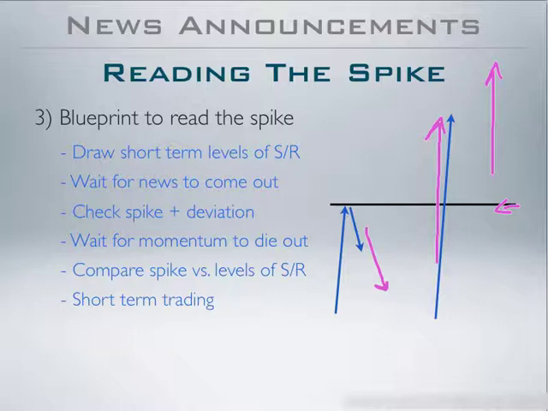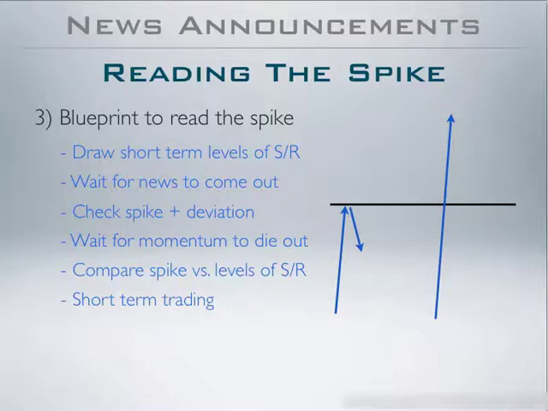Okay, you want to be taking the first trading signal your system gives you in the direction of the breakout or in the direction of the bounce, depending on what information we get by reading the spike around those key levels of intra-week support and resistance. Okay.